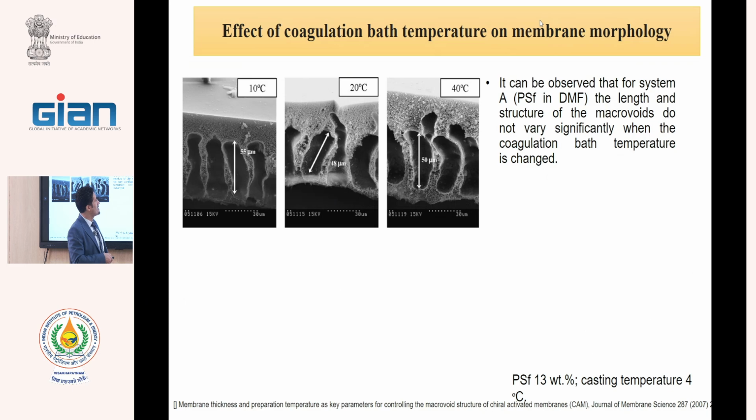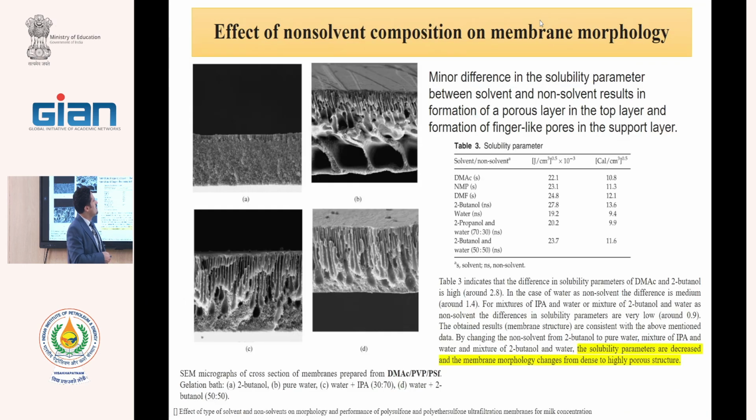The coagulation bath temperature can be influential, and so can the non-solvent composition. In most cases, we use pure water, okay? But when the polymeric solution goes into the water, the solvent goes into the water.